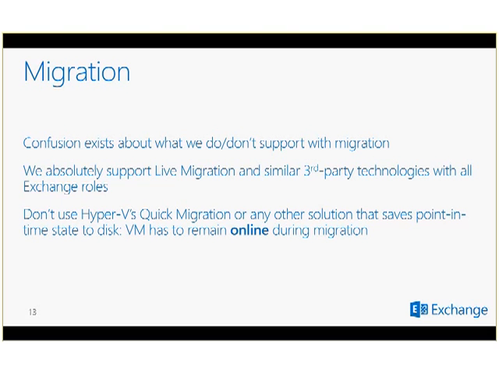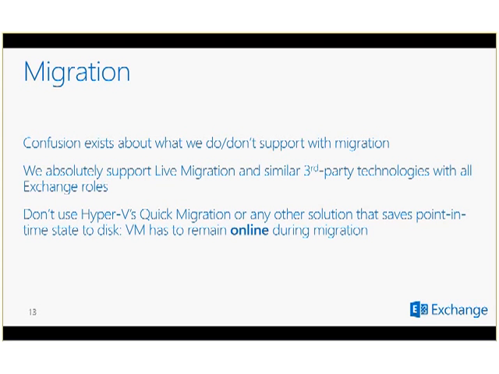It's, I'm sure, not perfect today, but the key thing to remember here is that as long as the virtual machine stays online while you're migrating it, basically as long as time continues moving forward while that migration is happening, it's supported. What we don't support in this area are technologies that take basically a point-in-time snapshot of a machine, basically pause the machine, and write the state of that machine down to disk.